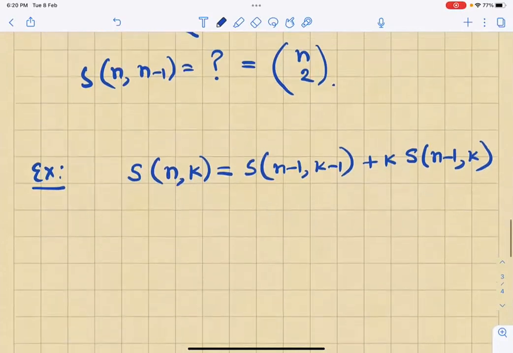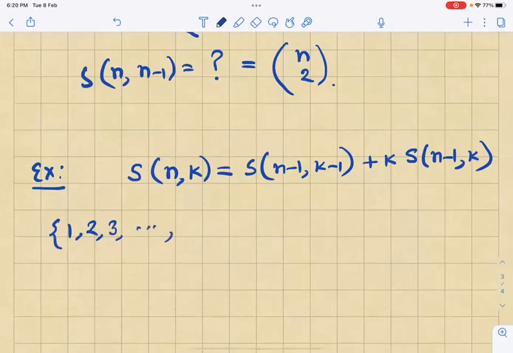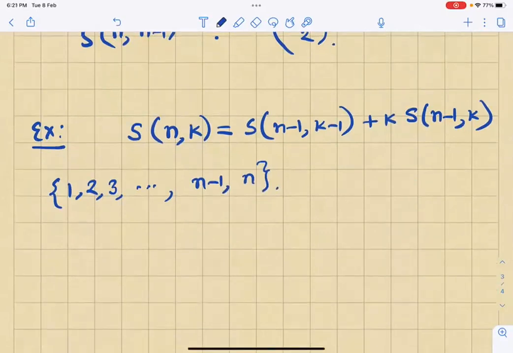So let's try to understand why this is true. You have these numbers 1, 2, 3, up to n-1 and n. How can we partition them into k identical boxes? Either of these cases can happen.